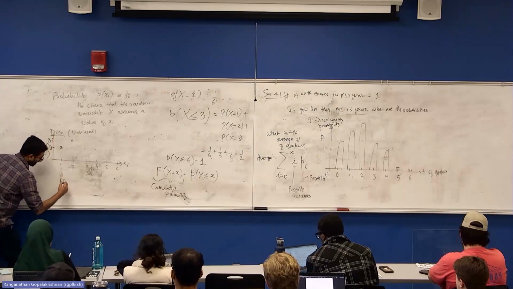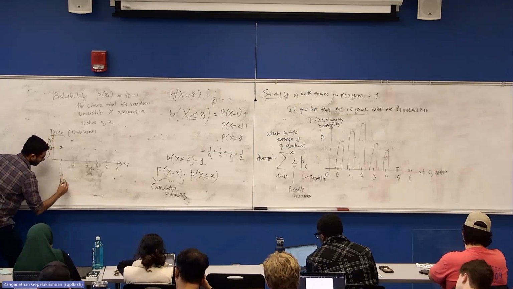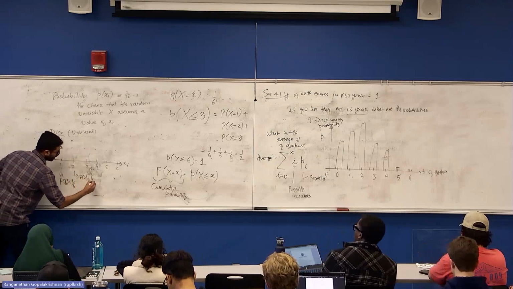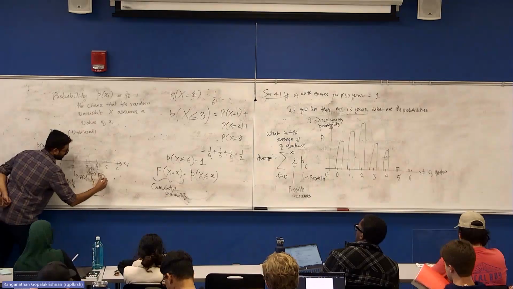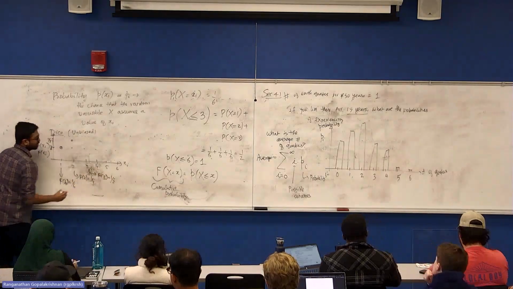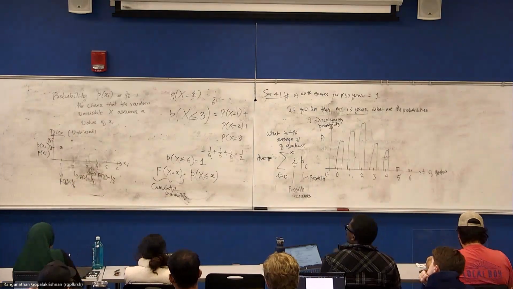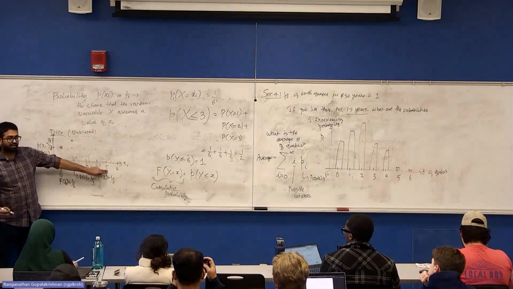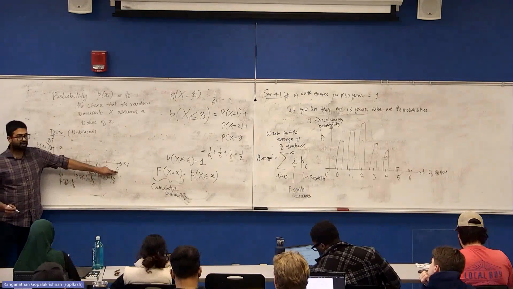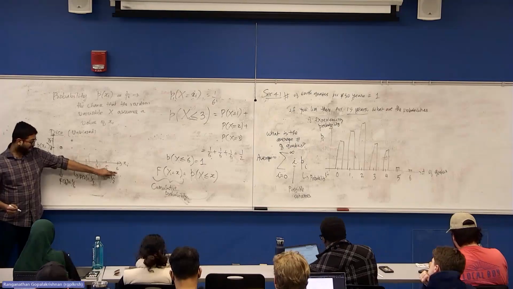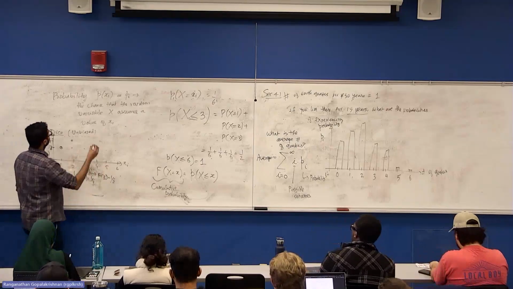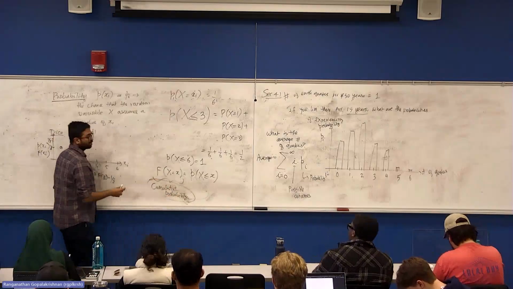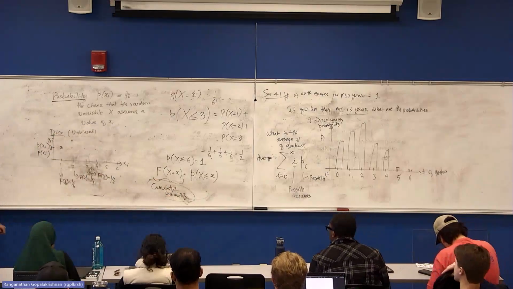So f of 1 equals 1/6, f of 2 equals 1/3, f of 3 equals 1/2. What is f of 4? 2/3. And 5/6. Then 1. In addition to probability, we also want to look at cumulative probability because it has a lot of utility when doing quick calculations.